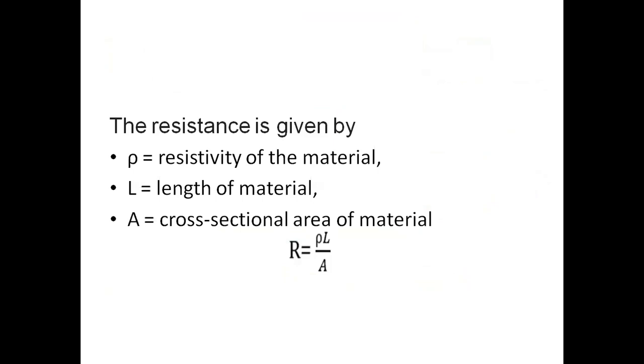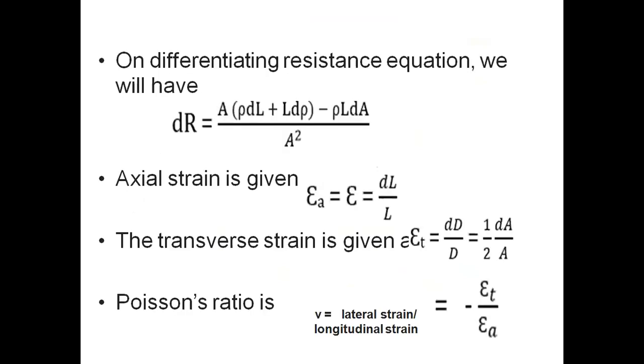The resistance is given by R equals rho L by A, where rho is the resistivity of the material, L is the length, and A is the cross-sectional area. Now, to find how del R depends upon the material's physical quantities, the expression for R has to be differentiated.